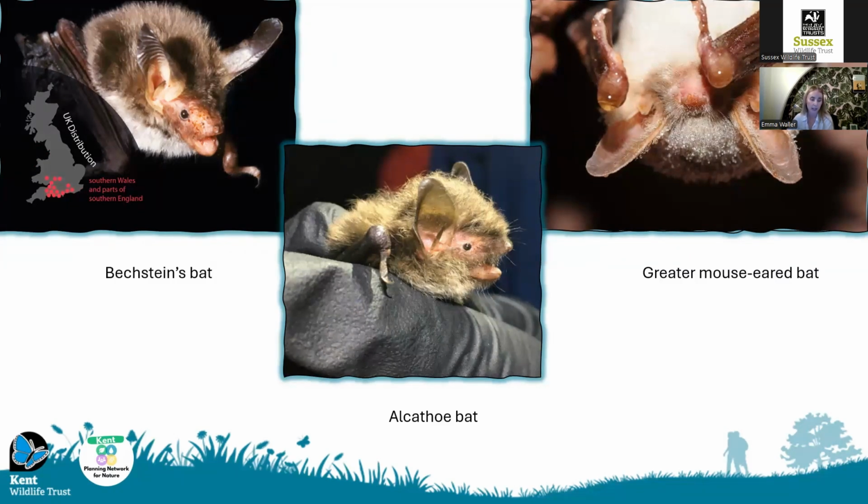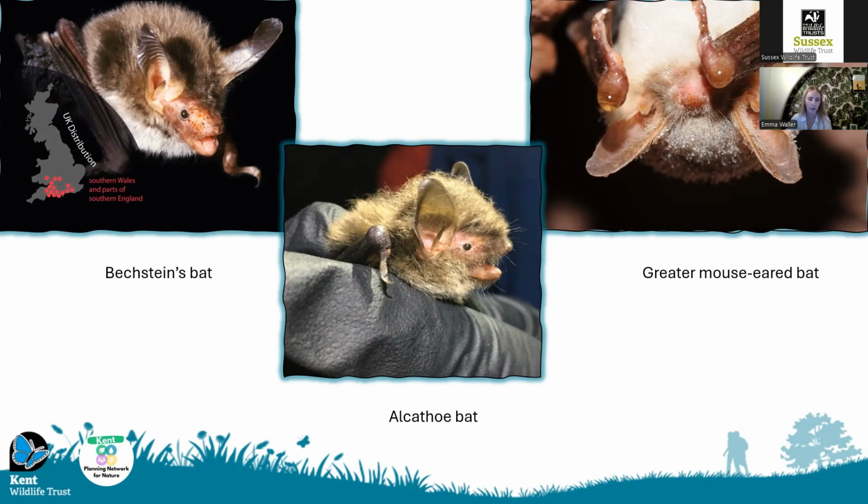They are a woodland specialist, where they roost, forage and also hibernate in mature, dense, deciduous woodlands. And as they are one of the UK's rarest mammals, there is still a lot we don't know about them. And so we're still learning a lot about them.